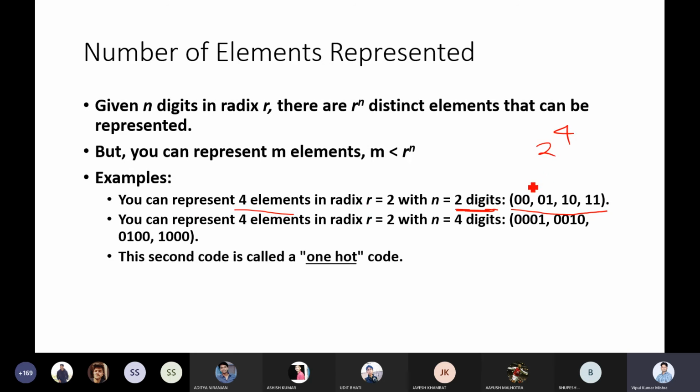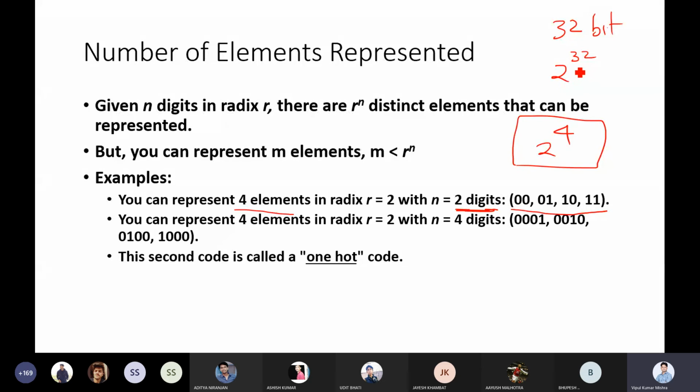In general, suppose I say I have 32 bit. In that case, how many numbers can we represent? 2 to the power 32 numbers we can represent, right? Now, this is unsigned, there is no sign.